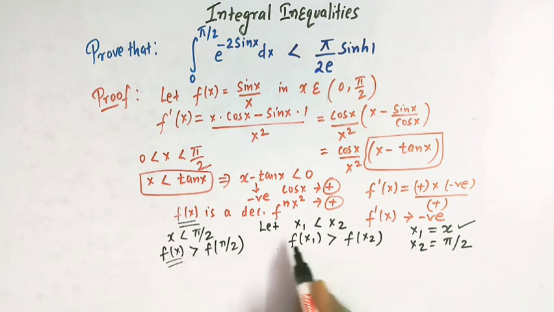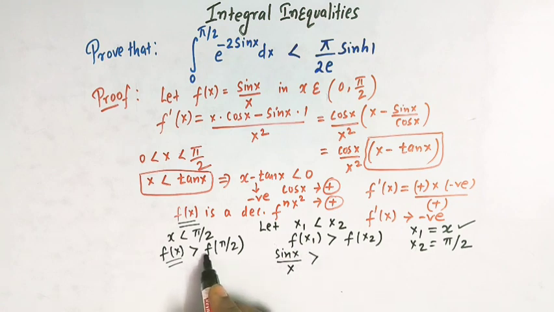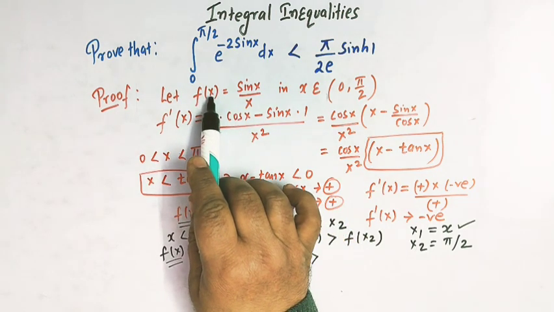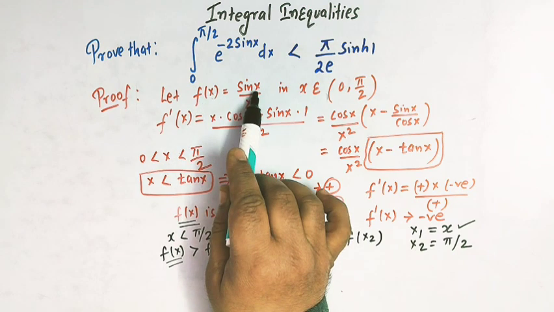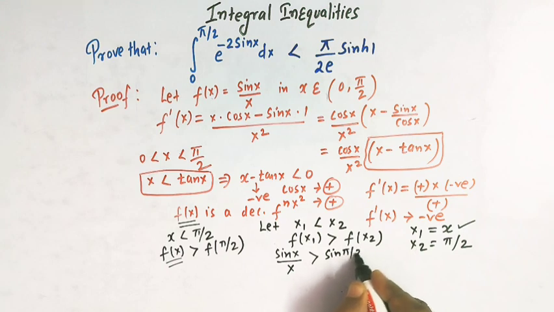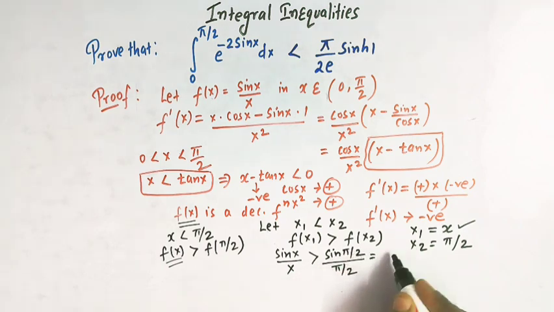Now f of x is our function sine x over x, and this is greater than f of pi by 2. We get f of pi by 2 by taking x equal to pi by 2 in this expression. So we have sine pi by 2 divided by pi by 2, and sine pi by 2 is 1, so this is 2 over pi.